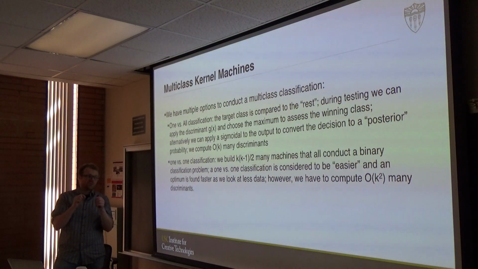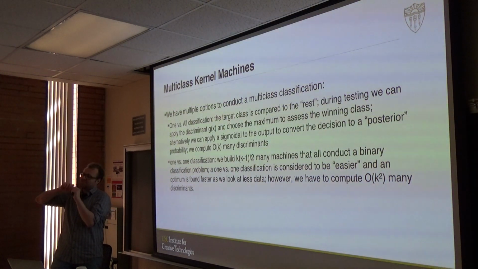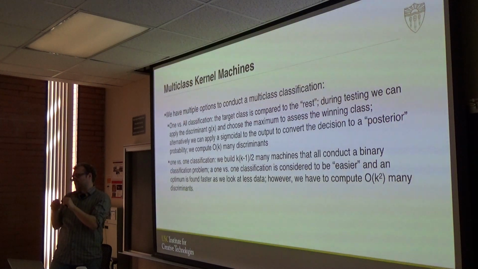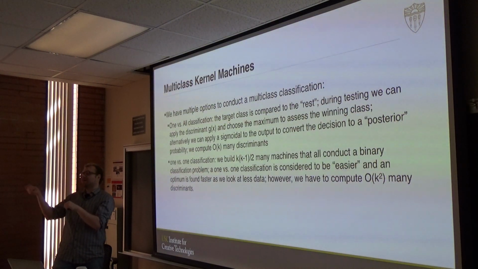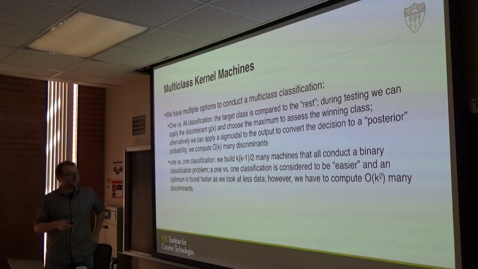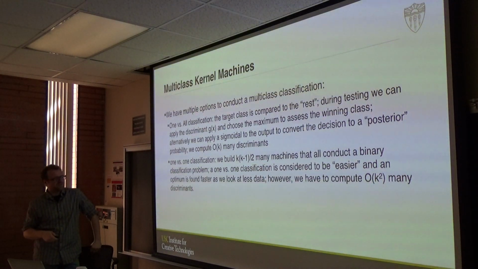and we would choose the class where the data point ends up furthest away from our separation hyperplane. So we wouldn't choose just the sign, but we would choose the maximum value of these discriminative hyperplane differences.